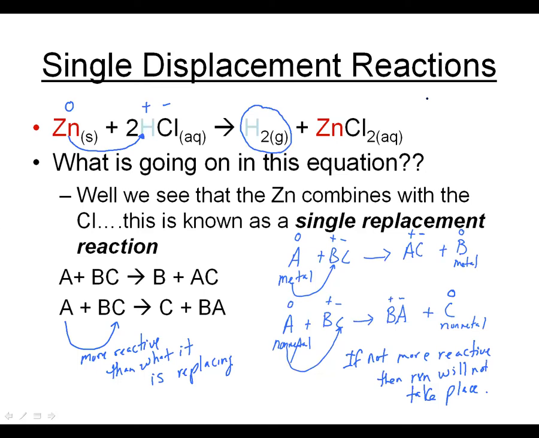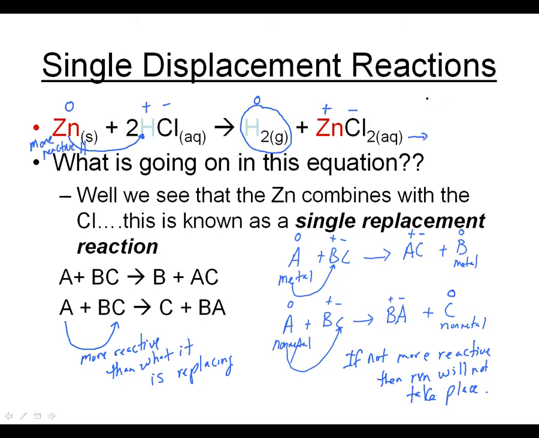The zinc chloride makes the new ionic compound. The zinc that had no charge to begin with ends up with a charge, and the chlorine also gets the same charge as over here. And if we look at this, this also is a single replacement reaction. This also will tell us that it is a redox reaction.